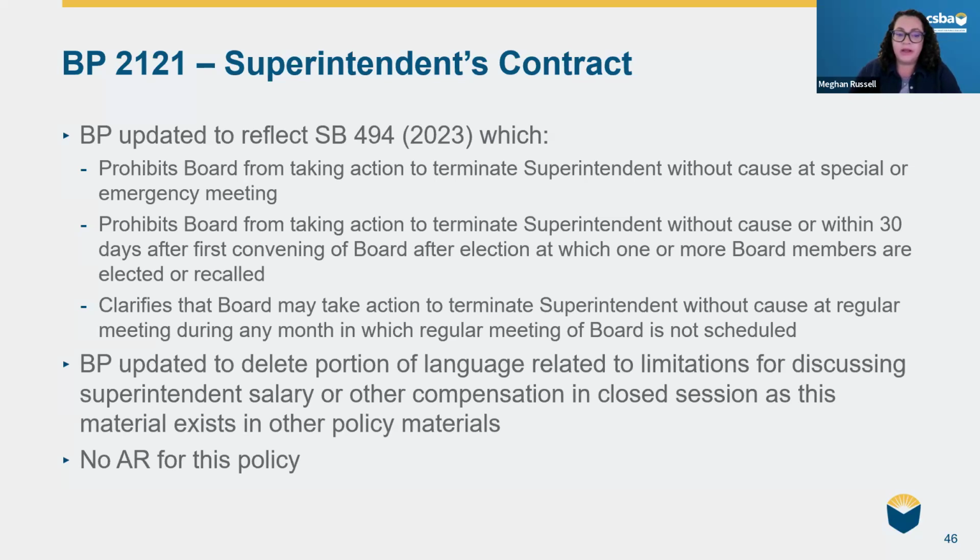And also clarifying that the board may take action to terminate the superintendent without cause at a regular meeting during any month in which a regular meeting of the board is not scheduled.